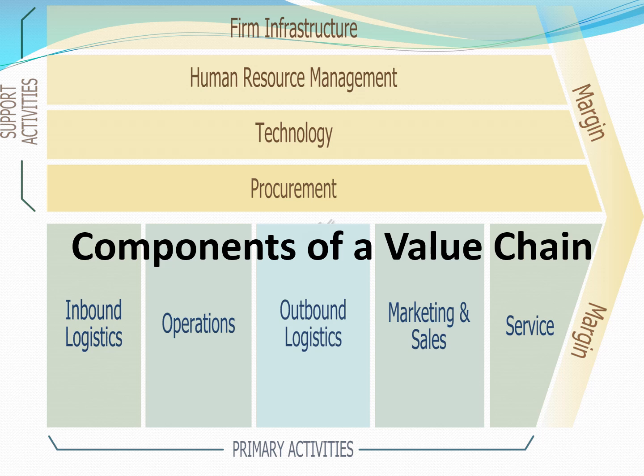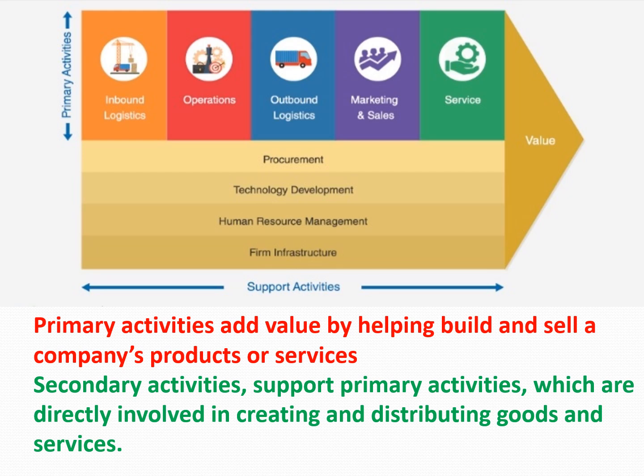Each activity seeks to increase profit margin by adding value for customers. Primary activities add value by helping build and sell a company's product or services, whereas secondary or supporting activities support primary activities, which are directly involved in creating and distributing goods and services.